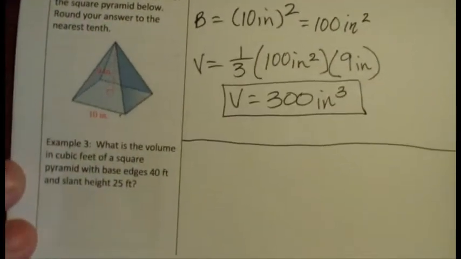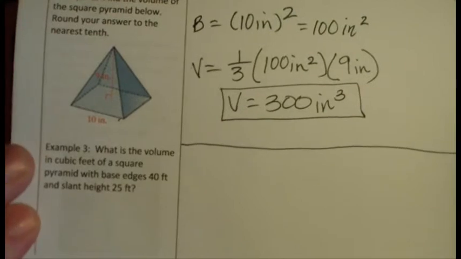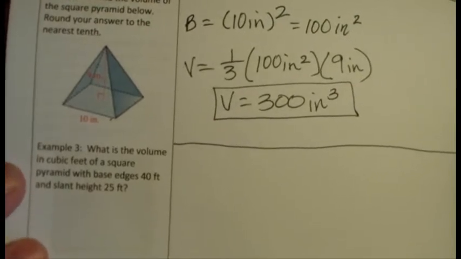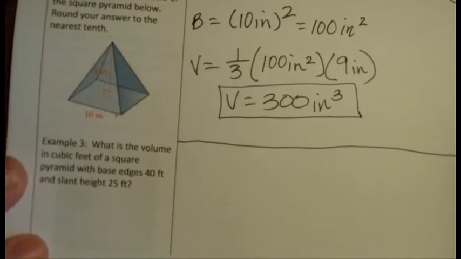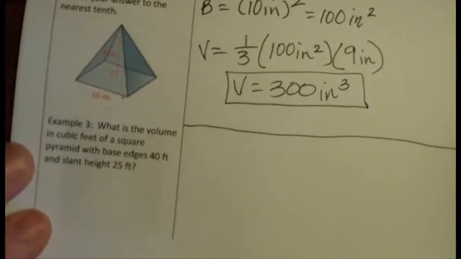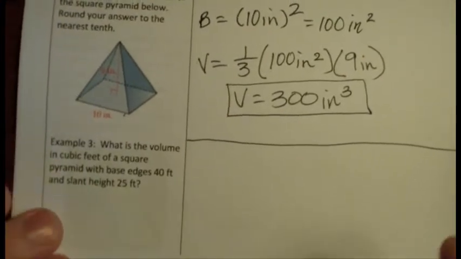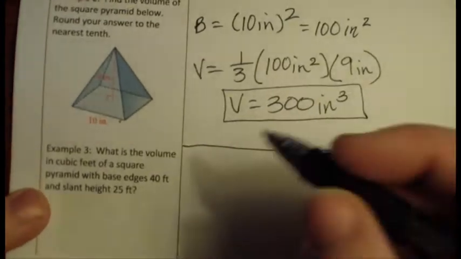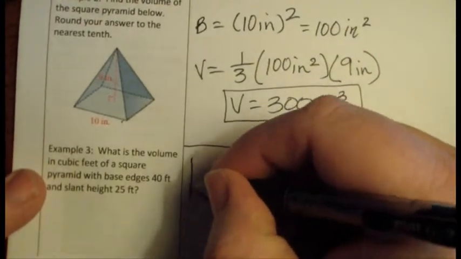Example 3 adds a step. What's the volume in cubic feet of a square pyramid with base edges 40 feet and slant height 25 feet? So this time it gives us our slant height, and we have to calculate the height of our pyramid.